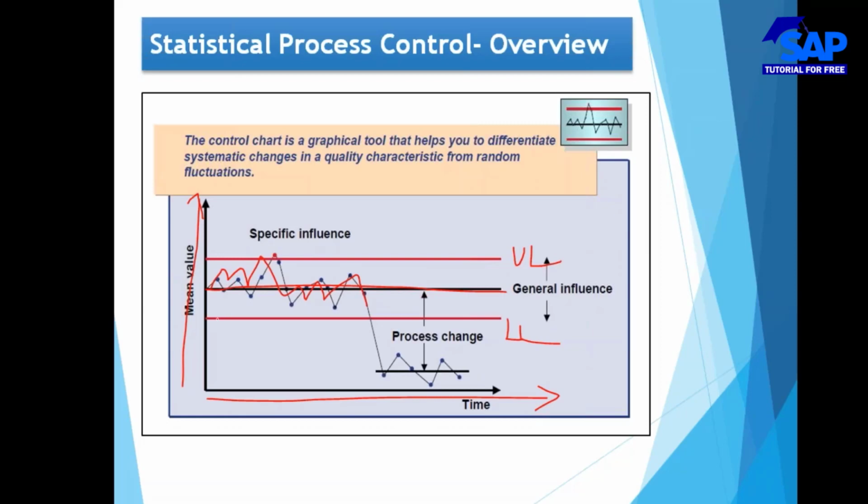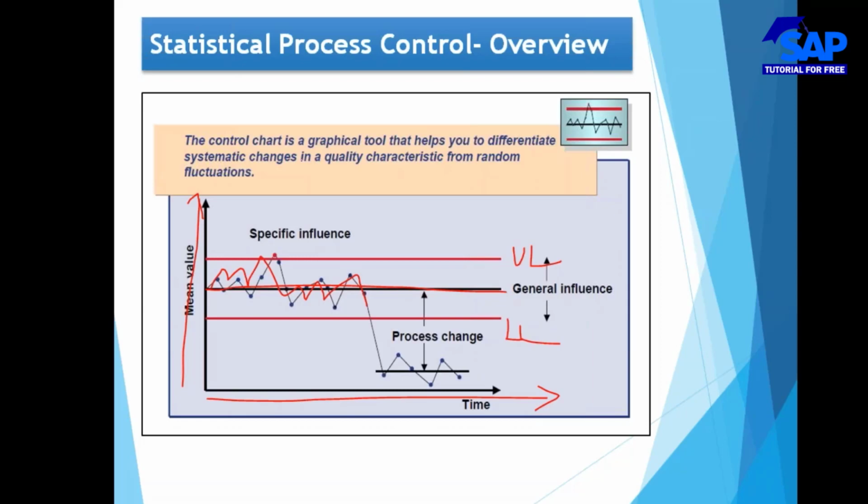Then you plot all your values and identify the pattern of your quality results, whether they are behaving in a consistent manner or going in a haphazard zigzag manner. Those things you will identify through the control chart, and accordingly you will be improving your quality process. That's what you will be doing in statistical process control.